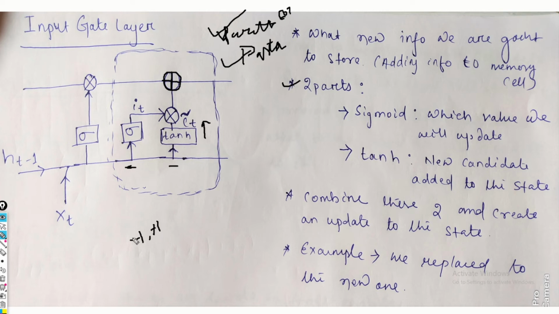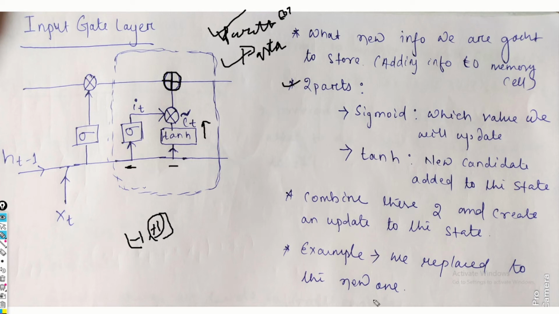This is the output of the tanh function, -1 to +1. Whatever the information is 0, it will just delete it, and whatever the new information is, it will give you the enhanced value. So the new information will be added in the cell state here, right? It will forget the paratha, and new information such as pasta and cheese it will add in this layer. Combine these two and create an update to the state. So it is doing an updation in this particular layer.